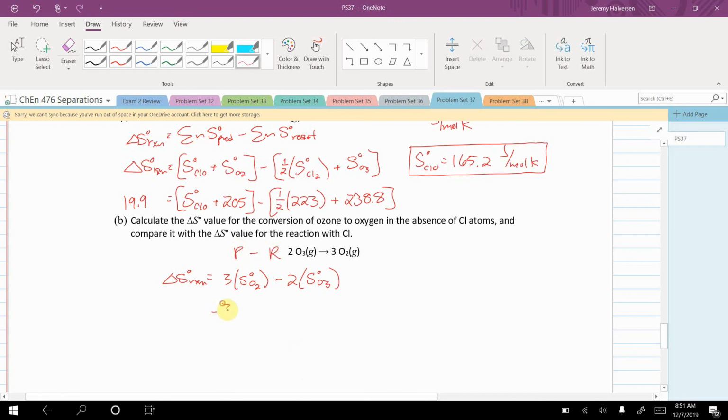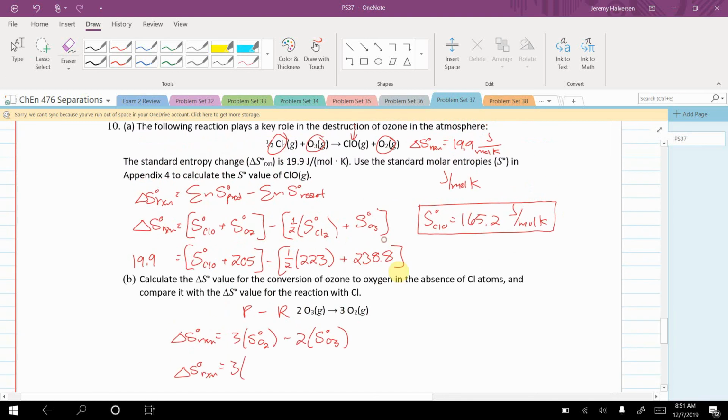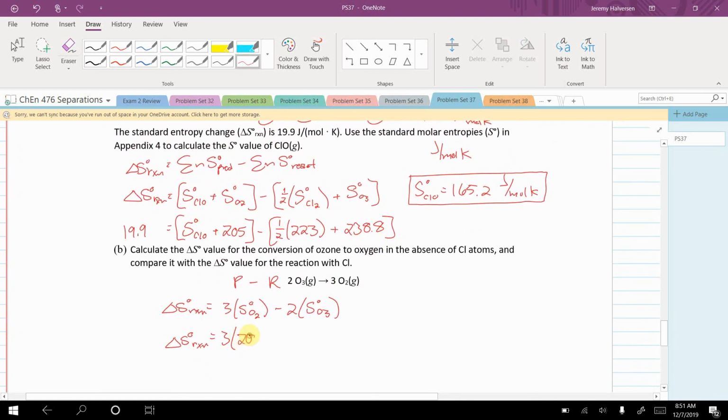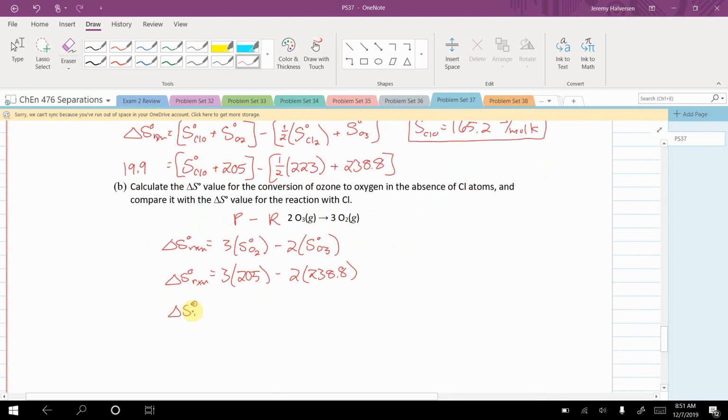So that's going to be 3 times, and we just found out that O2 is 205, and O3 is 238.8. That gives me a delta S naught of reaction equal to 137.4. And those are all in joules per mole Kelvin. Okay.